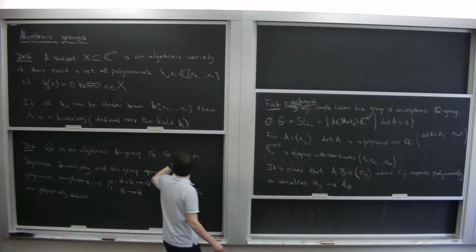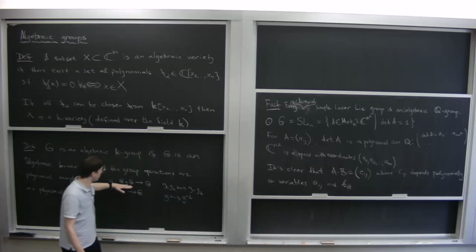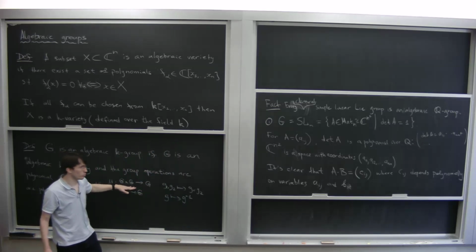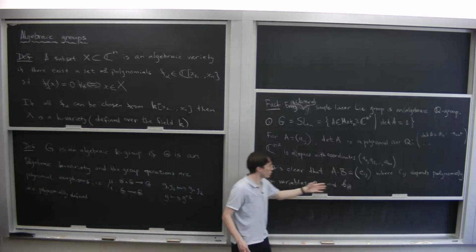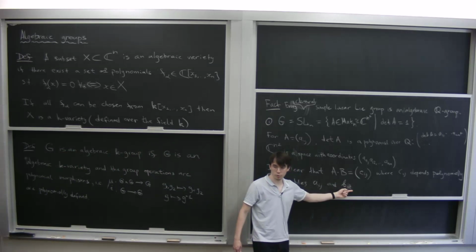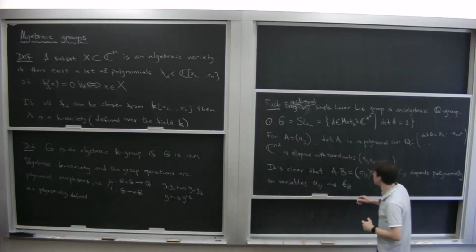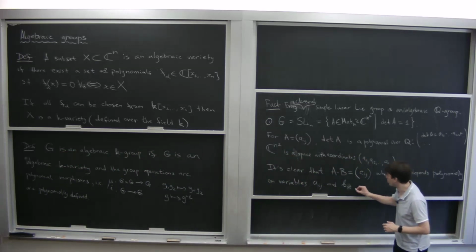So the product, the map from the product G times G to G, defined as simply the product of matrices, right? And the product of matrices is a polynomial function with respect to matrix entries. So thus it is a morphism.